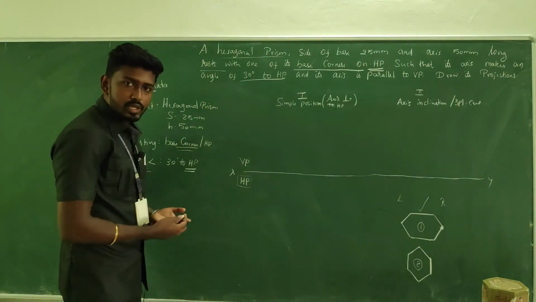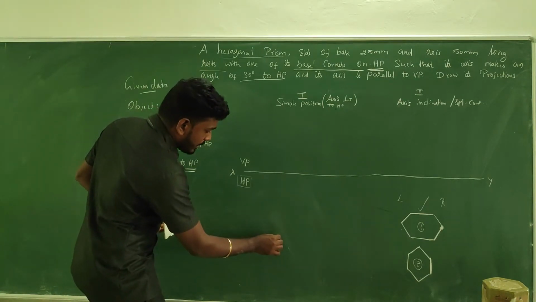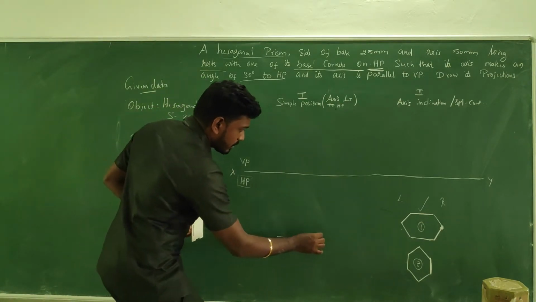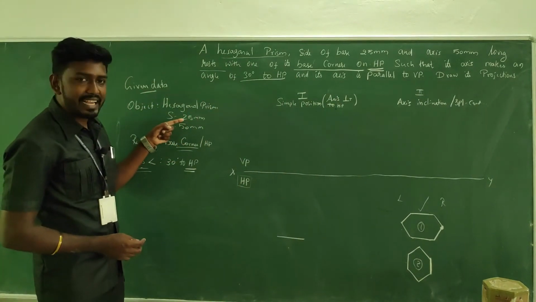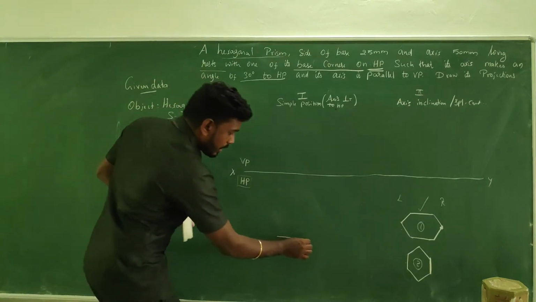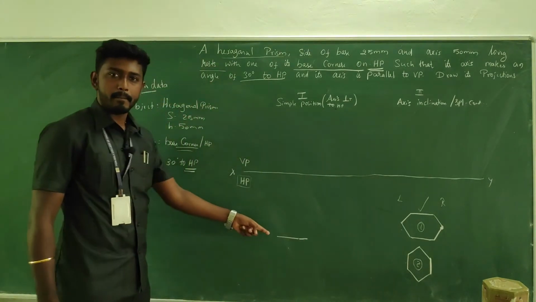So for that, we know the procedure to draw the hexagon. First we need to draw the baseline. This line I am going to draw. Since the measurement of the side is given as 25 mm, I have taken a horizontal line with the measurement 25.